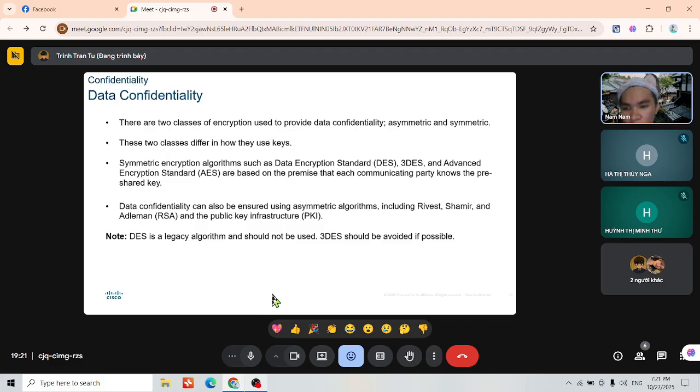And the last, data confidentiality can also be ensured using asymmetric algorithms including Diffie-Hellman, ElGamal, RSA, and the public key infrastructure. DES is a legacy algorithm and should not be used. 3DES should be avoided if possible.